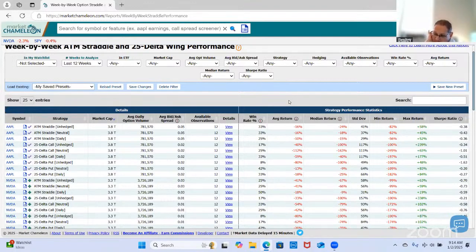Now, that's one statistic. That doesn't tell you the full story, because with options, the amount that it could appreciate is unlimited, right? Supposedly, if you own a call, it could go to infinity.